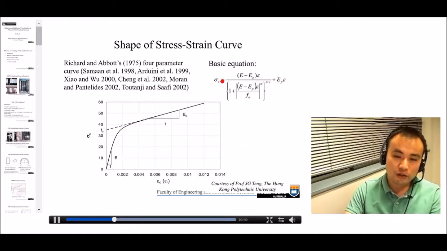But you may notice that these equations feel very complicated in form, probably because these models tend to use one simple equation to represent this two-stage curve.